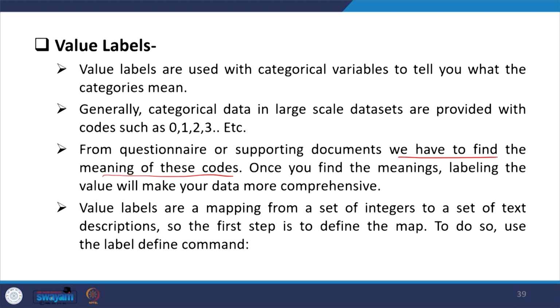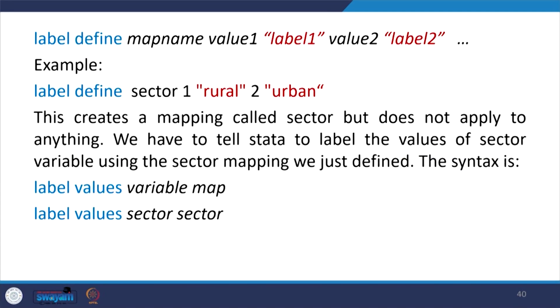Value labels are a mapping from a set of integers to a set of text descriptions. So the first step is to define the map. The map has a map name, let it be value. Value 1 is label 1, value 2 is label 2. In this label 2 you can write value 2 as female, value 1 as male.